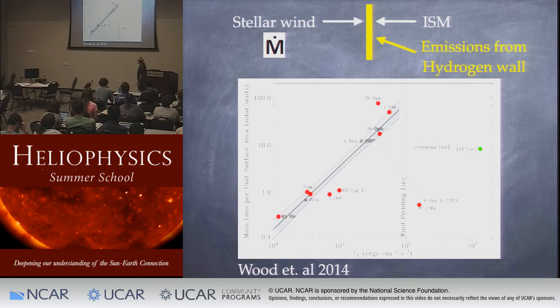You can see there are a number of points that are out of this plot. This is Epsilon Eridani. You can see that it has a very high mass loss rate, about 100 times the solar one, which is here. But we also have EV Lac, for example, which is an extremely active M dwarf, but it actually seems to not have that high a mass loss rate.